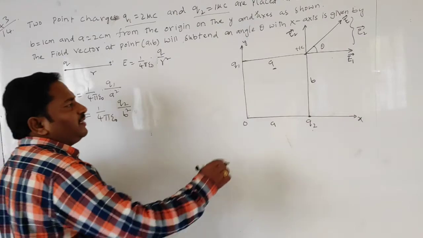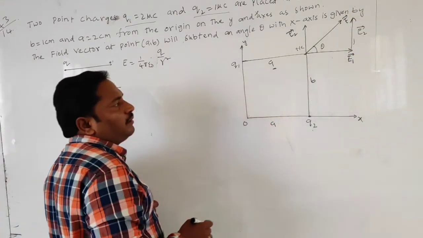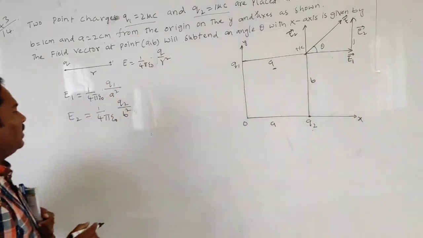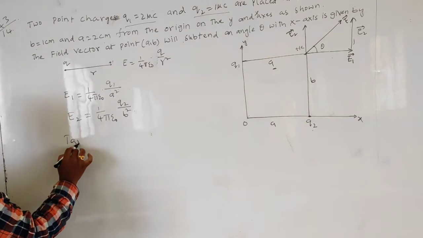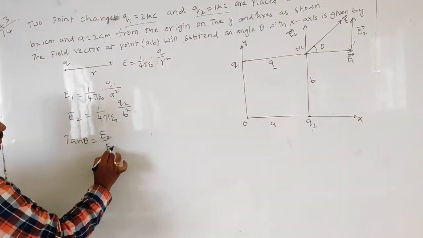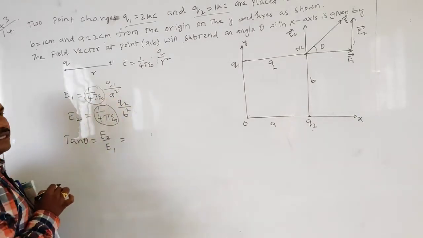Now tan theta equals opposite side by adjacent side, so tan theta equals E2 by E1. The common factors cancel each other.